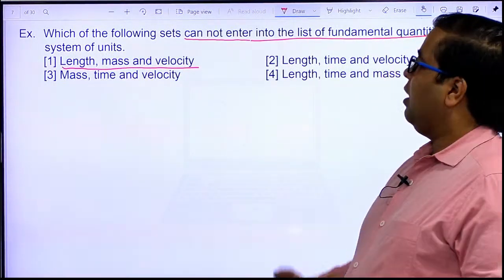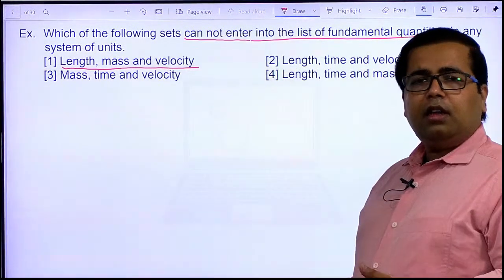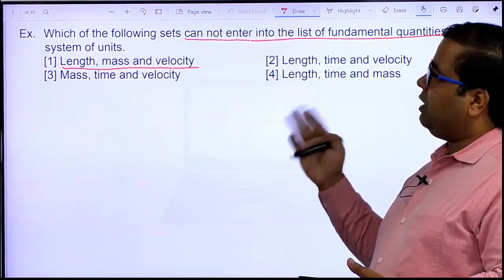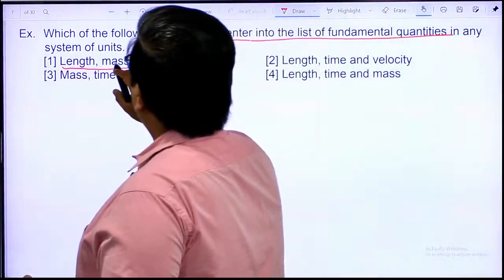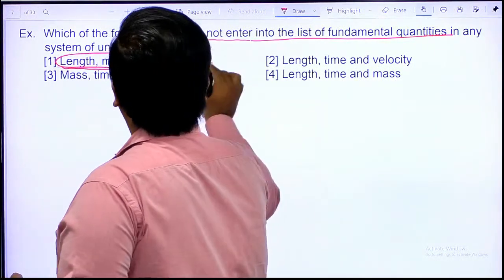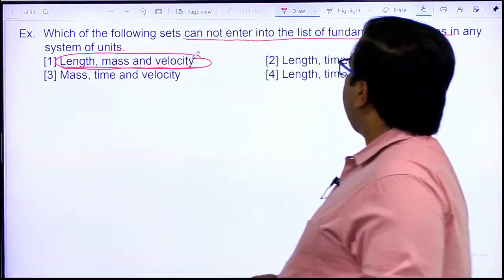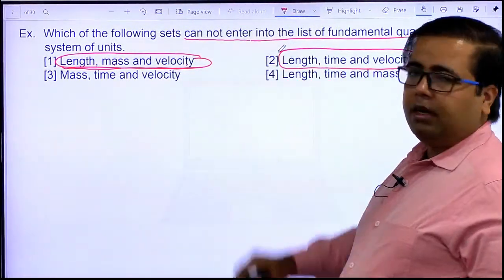Okay, let's see the answer. We have to find which set cannot be fundamental quantities. First, length, mass, and velocity can be, because they are not dependent on each other. The second one, length, time, and velocity, are dependent on each other.